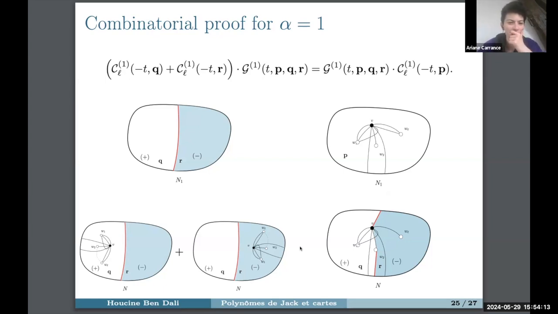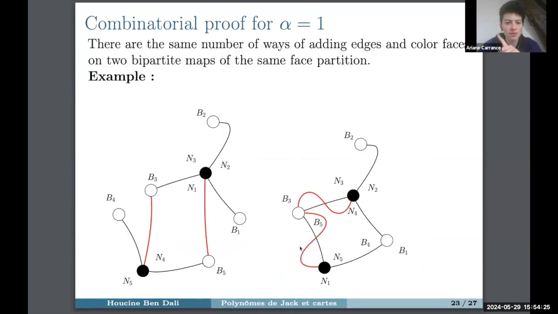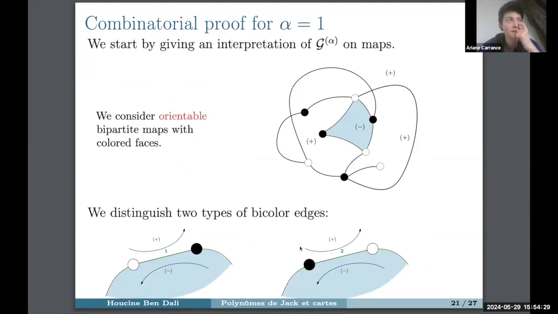My question is maybe, these maps where you have bipartite vertices and also colors on your faces, will only appear as intermediate steps to prove some identities?